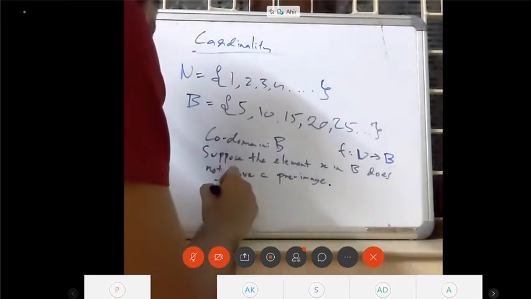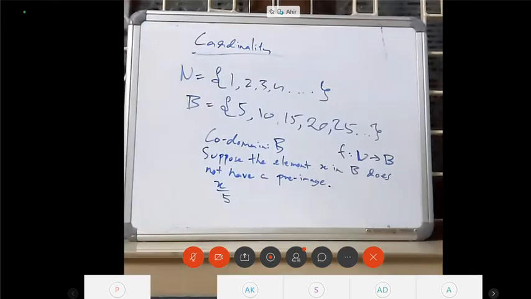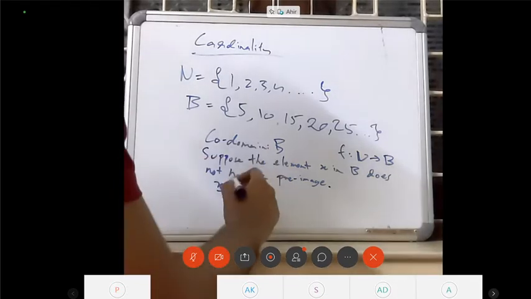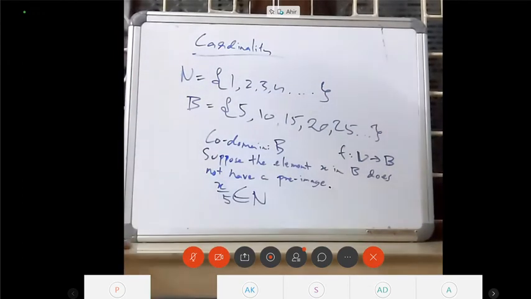Now consider x by 5. Is x by 5 a natural number? x by 5 is obviously a natural number because B is the set of multiples of 5.